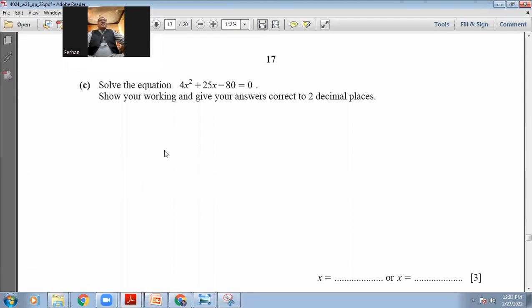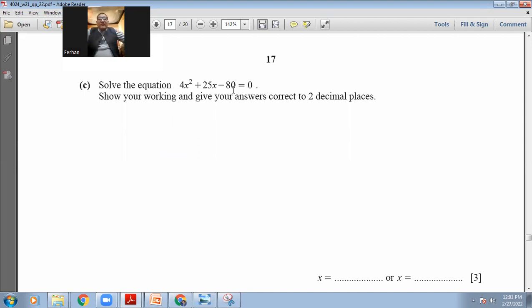Now, part C. He says solve the equation 4x squared plus 25x minus 80 equals 0. Show your working and give your answer correct to 2 decimal places. Here we have to apply the quadratic formula, where a is 4, b is 25, and c is minus 80.